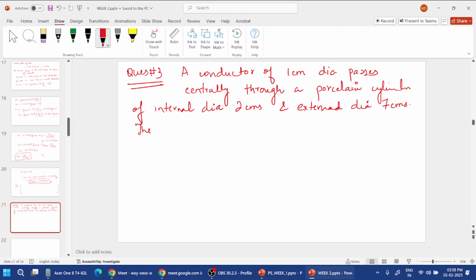This cylinder is surrounded by a tightly fitting metal sheath.